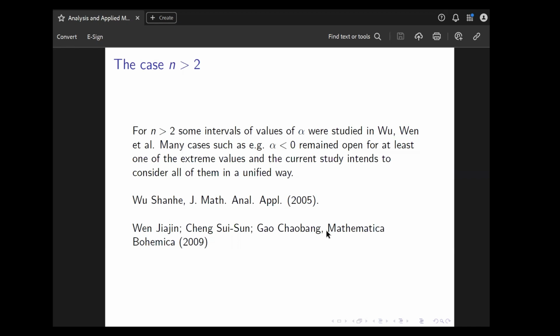These works considered only some special cases for alpha, not all possible alpha. So this study will complete these works and give a full picture of what can happen for different values of alpha.